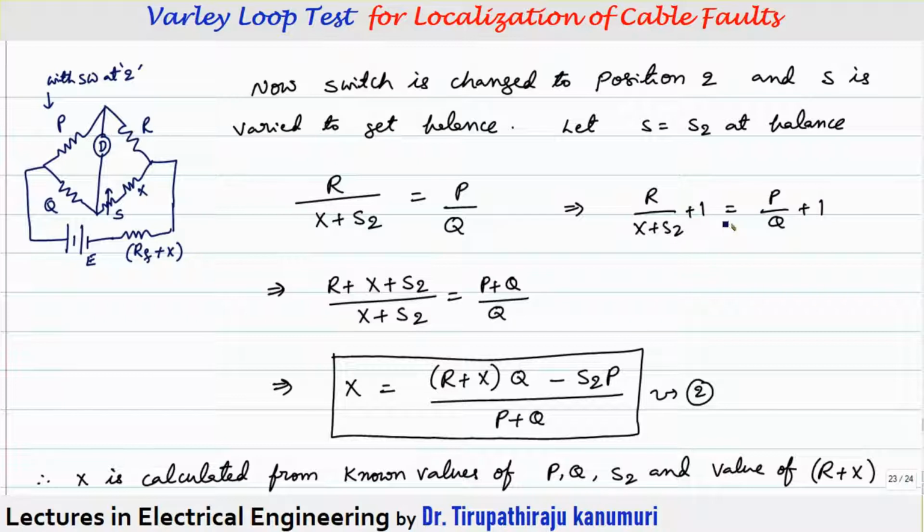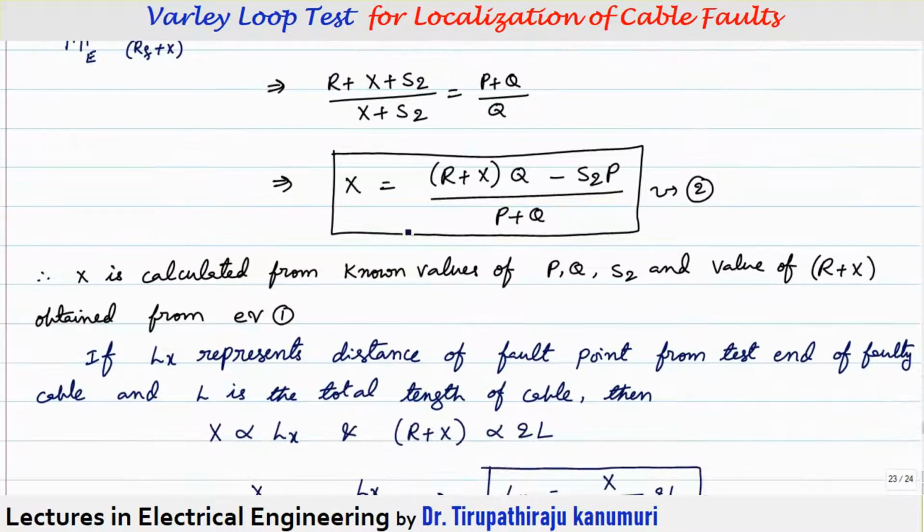This becomes R plus X plus S2 divided by X plus S2 is equal to P plus Q by Q. From this I can calculate X is equal to (R plus X) into Q divided by P plus Q, minus S2 times P divided by P plus Q. You can simplify it and you will get the same answer. I have directly written the steps.